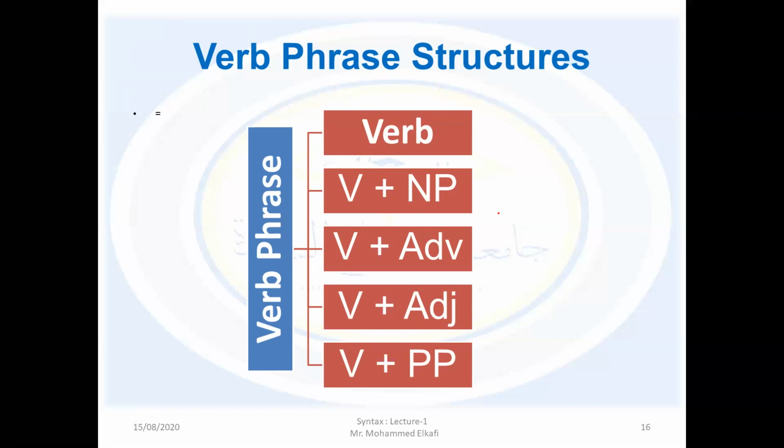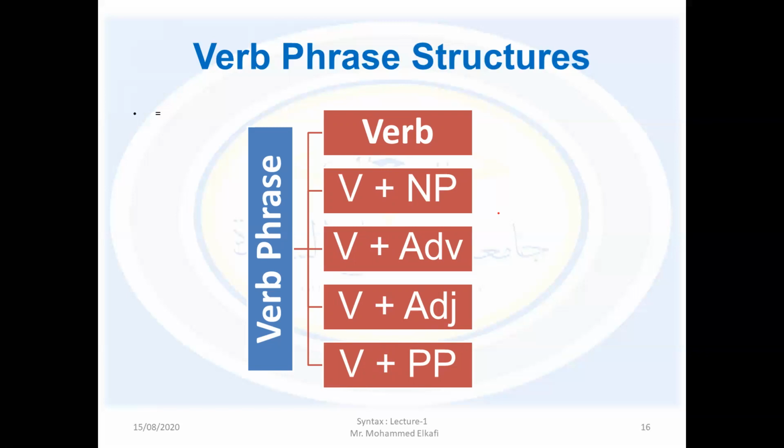Verb plus adjective. When we say it is big, we think of is as a verb and big as an adjective. Also, we think of it as a verb phrase. It is used as a complement, it has some function.